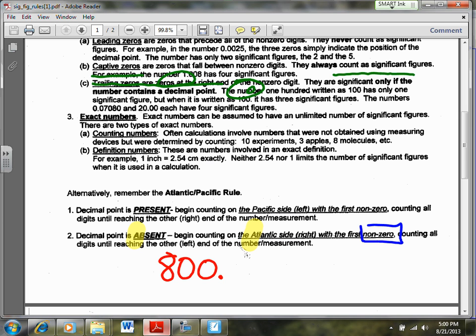Now it falls under the Pacific rule because decimal is present, P present, P Pacific. So you start on the left side with the first non-zero digit. You count all the way to the end. So the first non-zero digit on the Pacific side, and I'll just put PA on this side to help you remember that's Pacific. 8 is the first non-zero digit. 1, 2, 3. So this number has 3 sig figs.